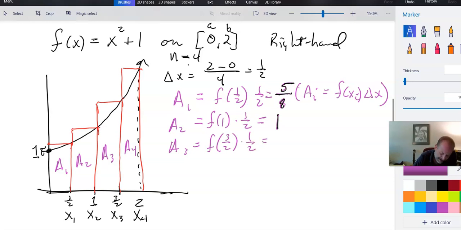And if you plug in 3/2 into f, you square it, you get 9/4. Plus 1 makes 13/4. Times 1/2 makes 13/8. And then A4, which would be the last, that's x4, so that's 2. So it's f of 2 times 1/2. f of 2, that'd be 4 plus 1 is 5, times 1/2 is 5/2.